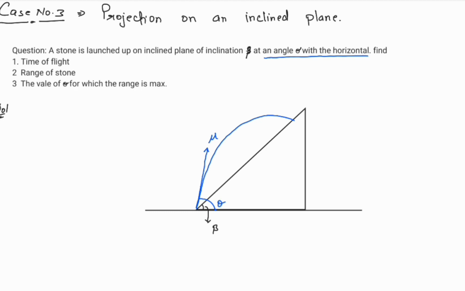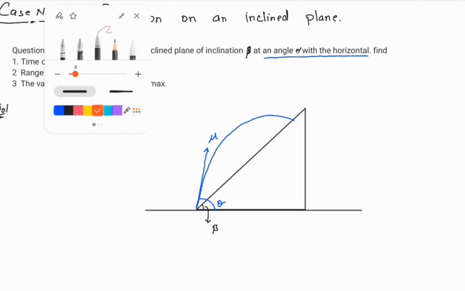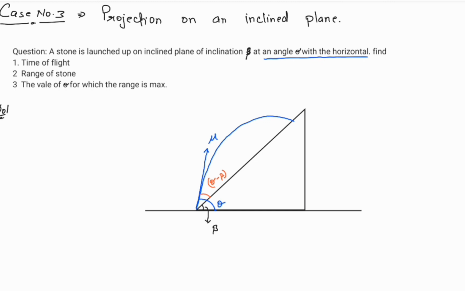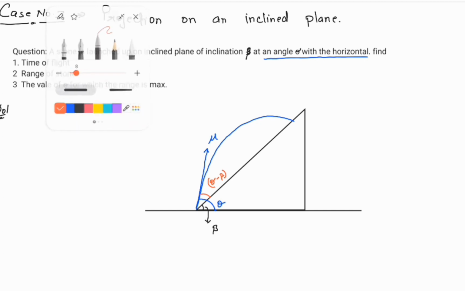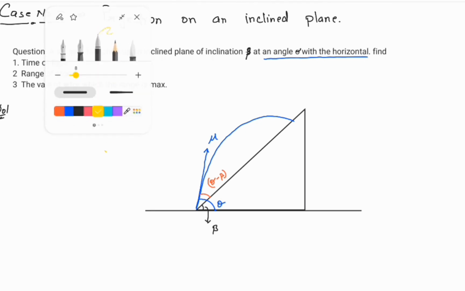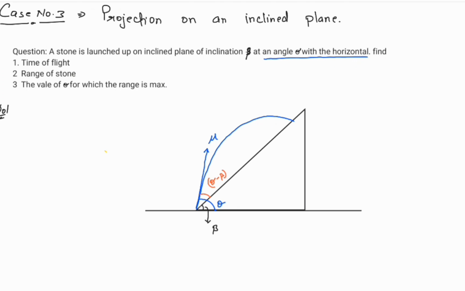Now, the first step in this type of question is to find the angle of the stone from the inclined plane. This is going to be theta minus beta. You can clearly see this angle is theta minus beta. Then we find the components of u.